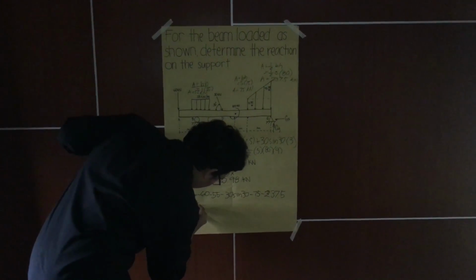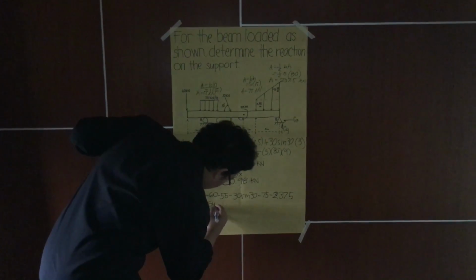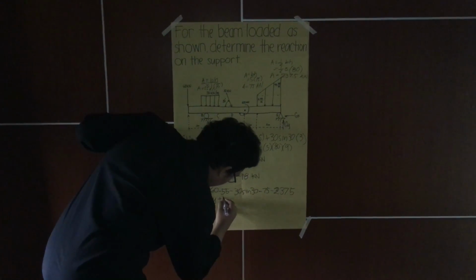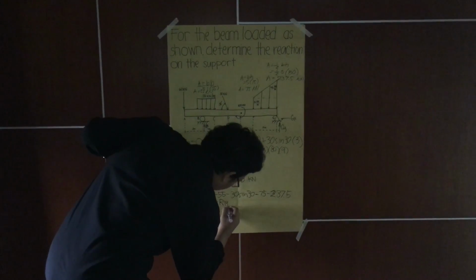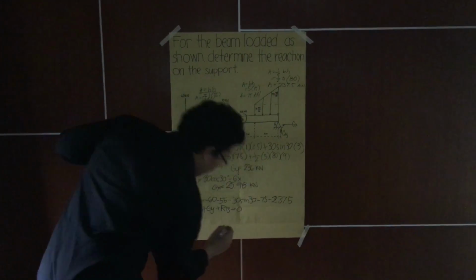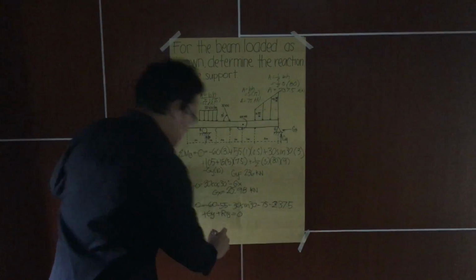It is positive since GY is pointing upward, plus RB, which is the unknown. And for this, we can now solve for RB.